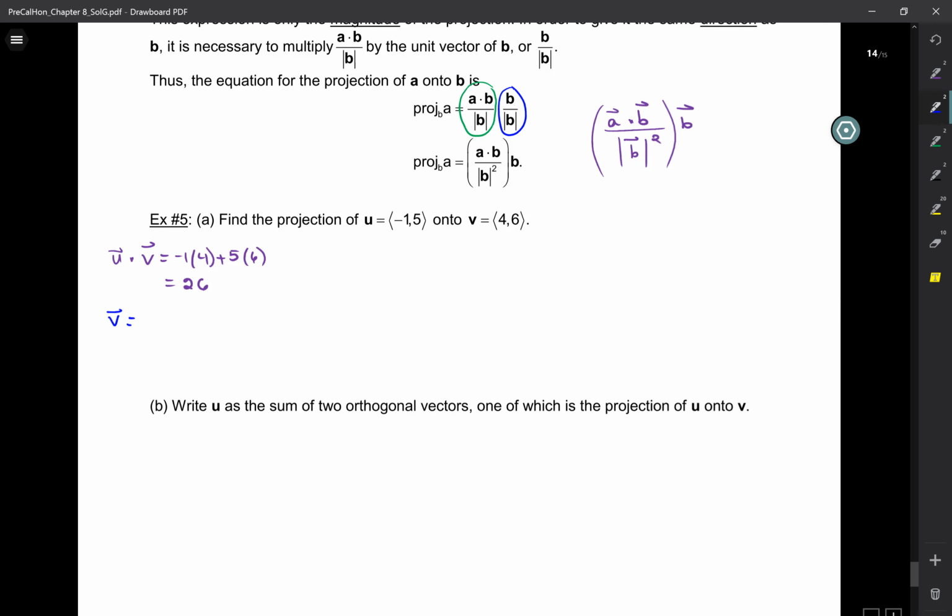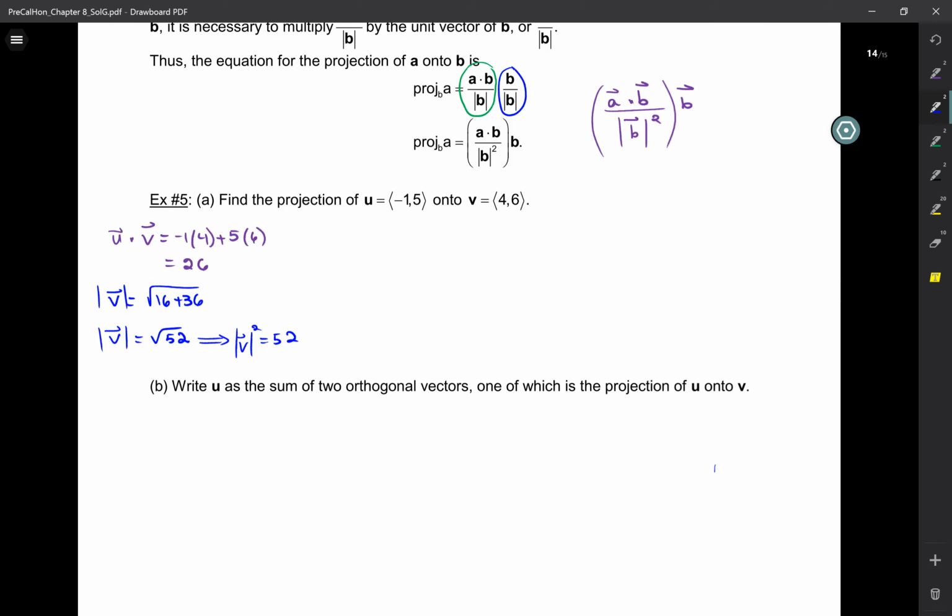I need magnitude of V: 16 plus 36, so magnitude of V is √52. I just leave it like that because what I really need is magnitude of V squared, so it's just 52. Now I need the projection.